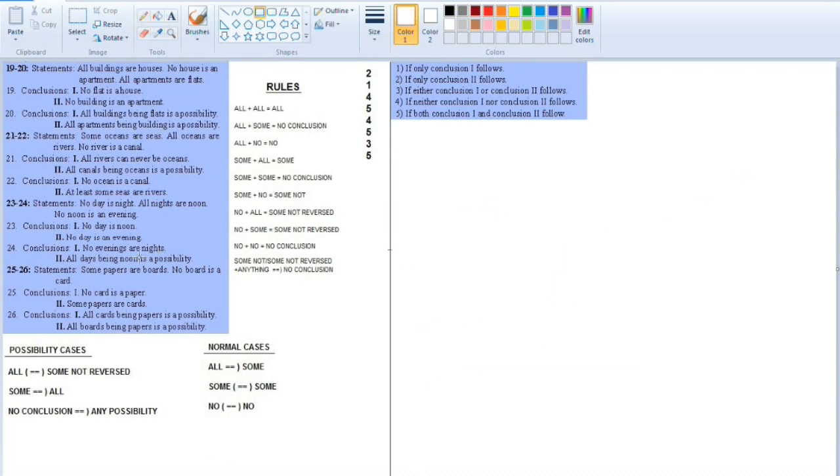Now we can go for the sums straight away. Before that, in possibility cases, as I already told you, "all" and "some" can be changed.